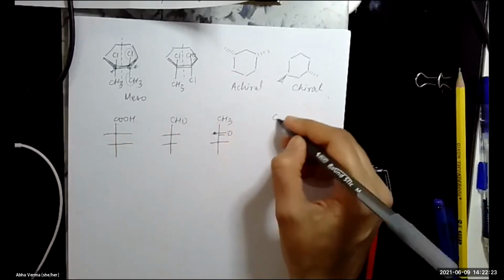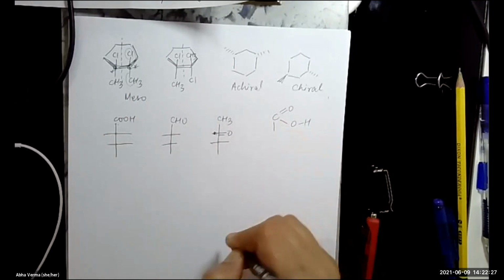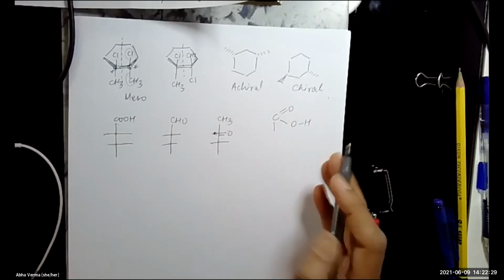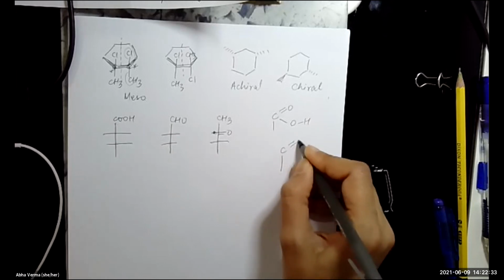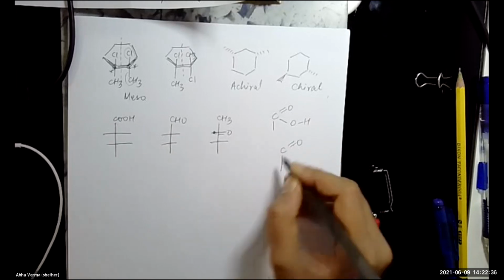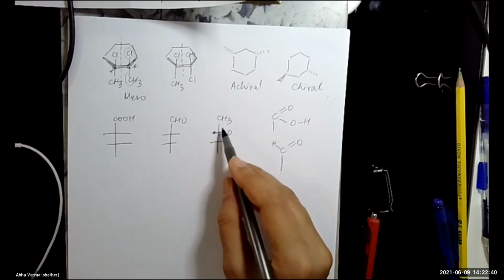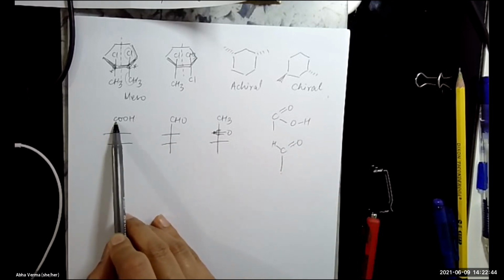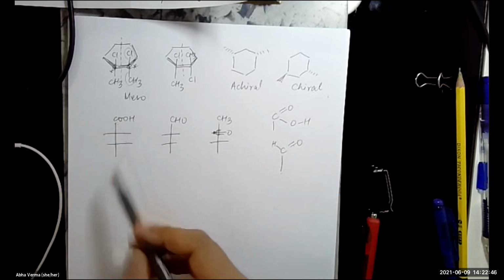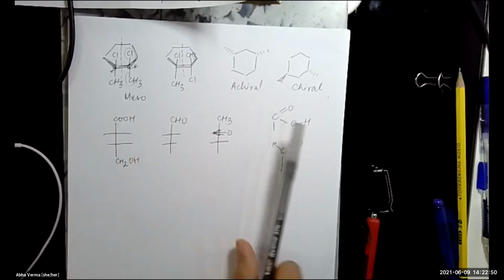What does carboxylic acid look like? 2 bonds with the oxygen, and then this. So 1, 2, 3 oxygens, you can say. With an aldehyde, what do you have? 2 bonds to oxygen and 1 hydrogen, and then the rest of that molecule and this carbon. So the most oxidized carbon is usually at the top, whereas the least oxidized will be at the bottom.